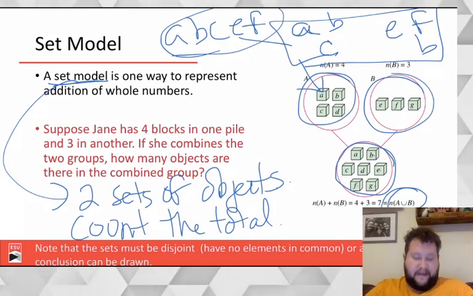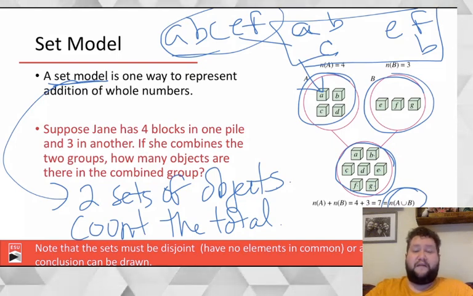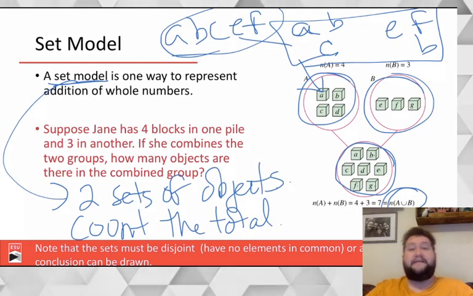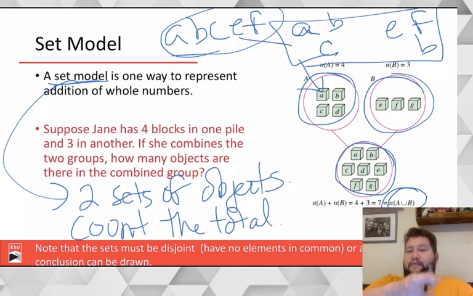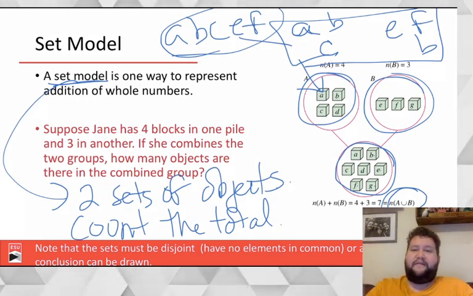And so notice there's that set about being disjoint. They can't have any elements in common, or we might say that 4 plus 3 is 6, if, say, both of them had a D in it, right? So, generally speaking, set model, we're going to have some number of objects, 3 blocks and 4 blocks, and we're going to put them together and say we have 7 blocks.